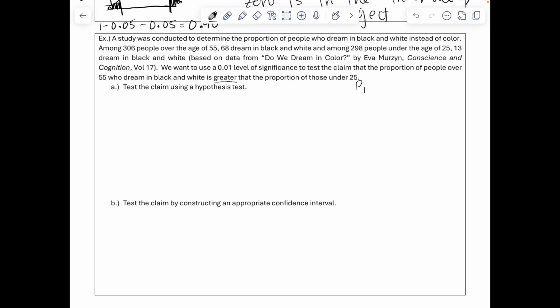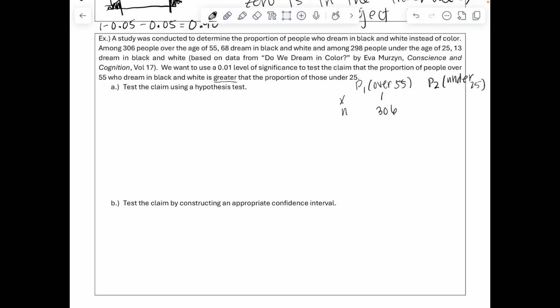So I'm going to go ahead and call P1 my group 1, which is going to be over 55 in age. And then P2 is going to be the younger group, which is going to be under 25 in age. So we need to have an X value and an N value for both of those. And so if you read the problem again, carefully looking at those numbers, it does say that for the age of 55, there is a total of 306 people.